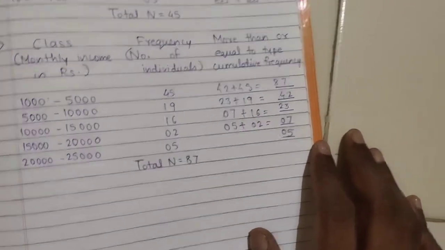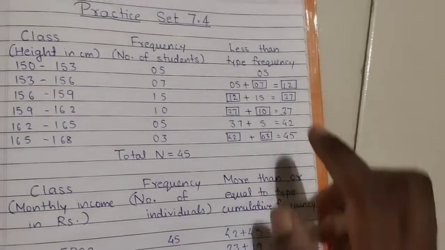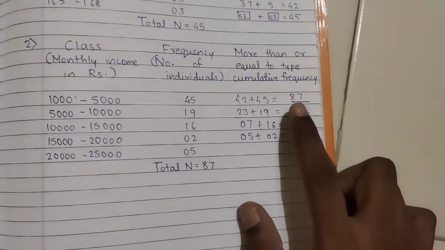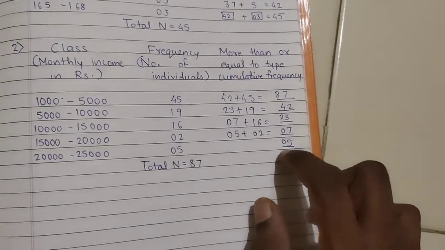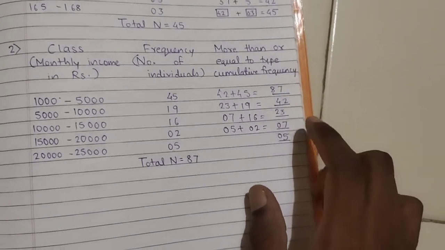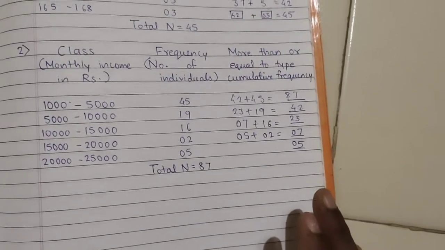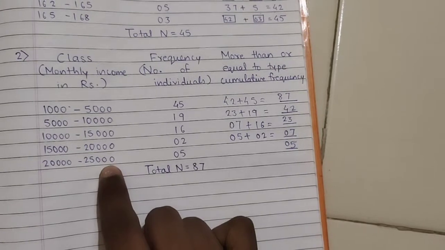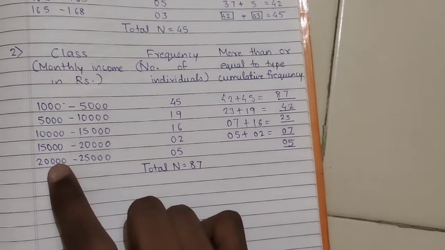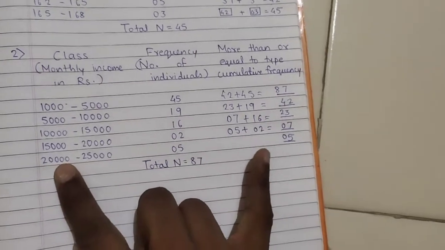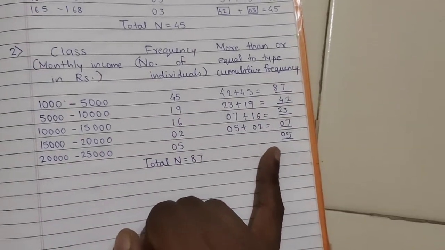So what we did, same method. In less than type we started from top to bottom, and in more than type we started from bottom to top. Okay, understood now? And what does more than type explain to you? See, in this class, 20,000 to 25,000, those individuals who are getting salary more than 20,000 is how much? 5.